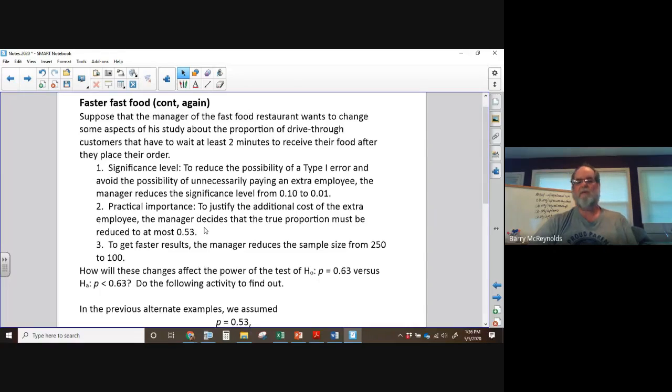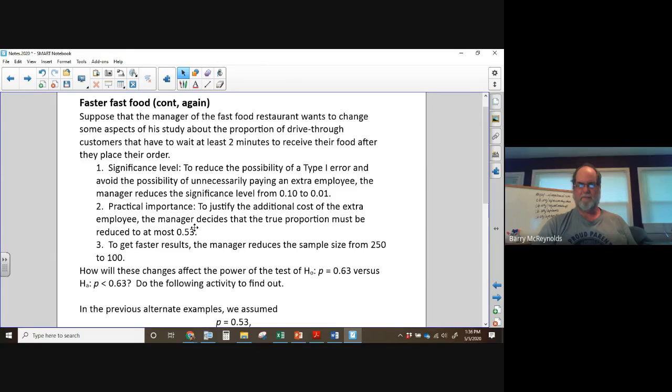In other words, the trade-off here is that the additional cost of hiring another person is offset by the additional revenue generated because fewer people have to wait.